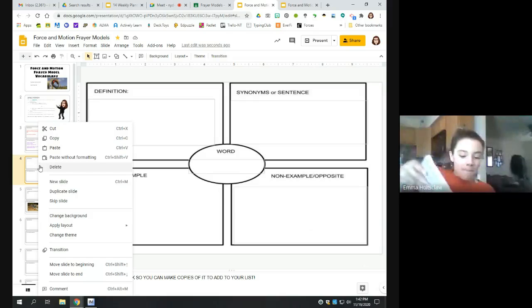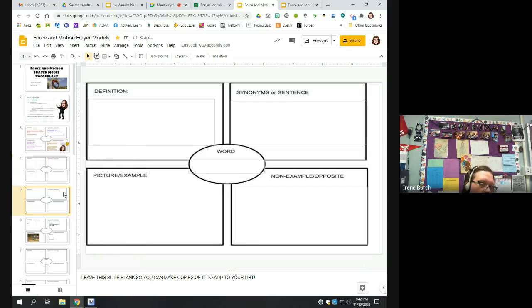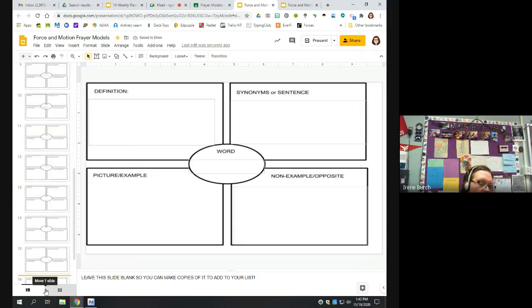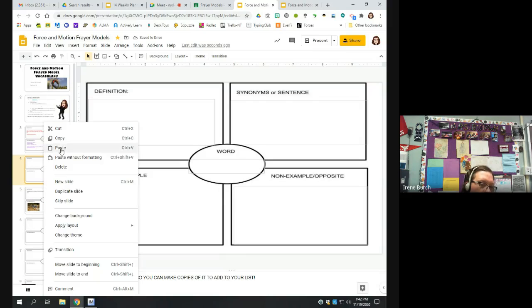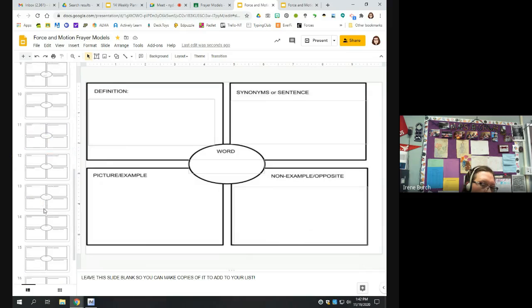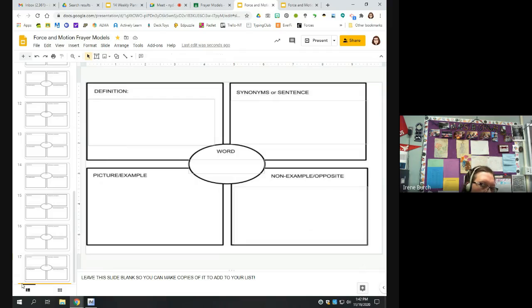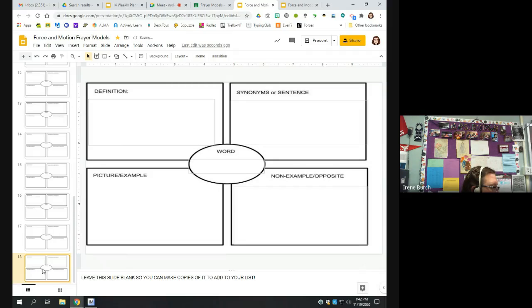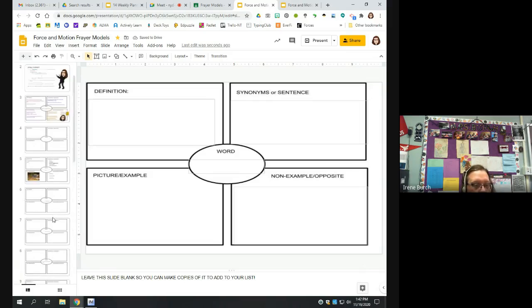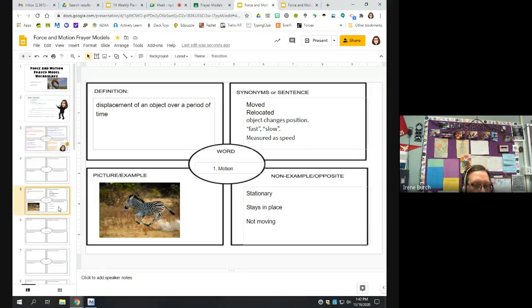So you can right click on it and click duplicate slide, and then add that to your slideshow. Or you can click copy and then scroll down to the bottom, and you can click paste and paste the slide down there. But you're going to want to leave slide number 4 blank to use.